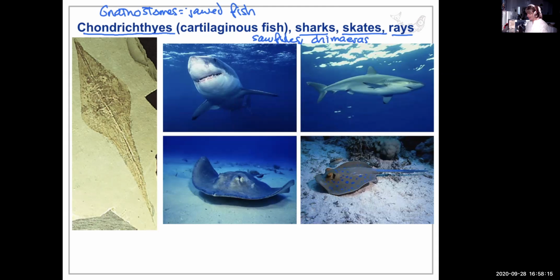But one thing that you might notice, what do these jawed fishes also have? They have a jaw, which the agnathans do not have. Now, what do they also have? What kind of fins?